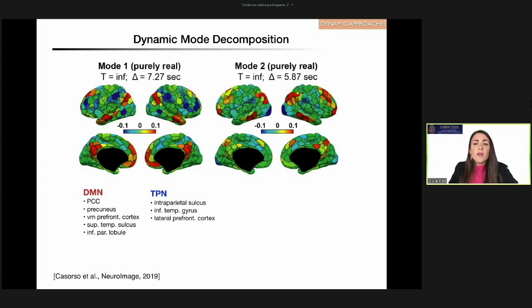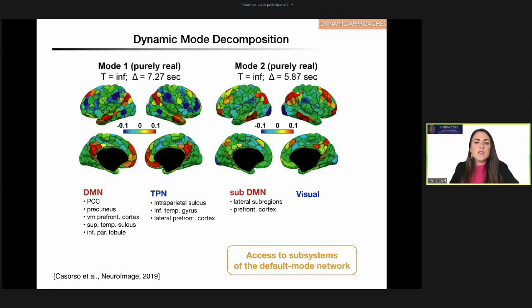And the second one, interestingly, puts in opposition only a subportion of the DMN, shown in red, with the visual network. So again here, as happened for the ICAPs, it shows that taking into account the dynamic features of functional connectivity allows us to have access to subsystems, in this case of the DMN, but in general of resting state networks.